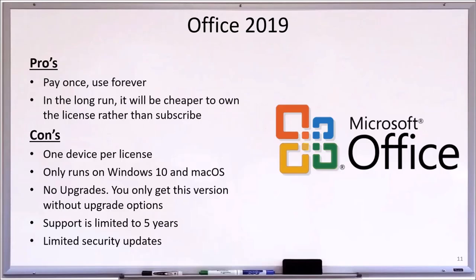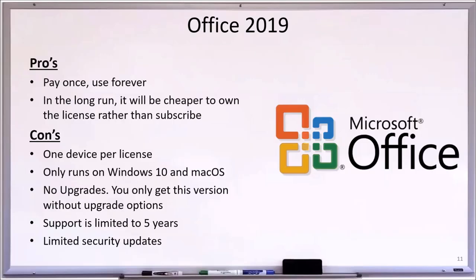Office 2019. The upside of that is you pay once and you use it forever. In the long run, it will be cheaper to own the license rather than subscribe. Should point out one thing here, that with Office 2019, there are no upgrade plans.